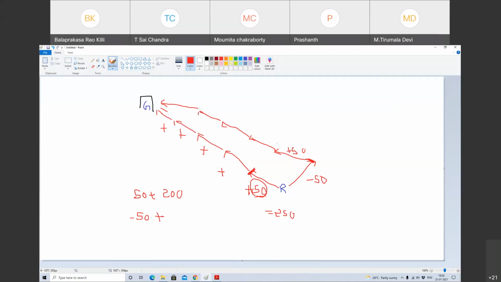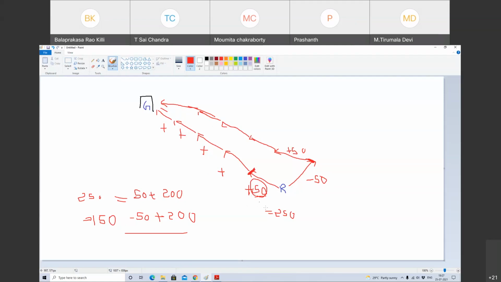From here onwards, in four steps it can go, it is 200. So here the total reward is 250, and here the total reward is minus 150.